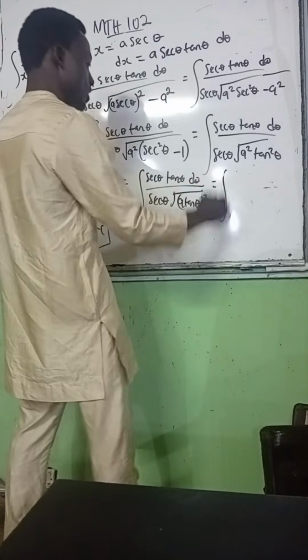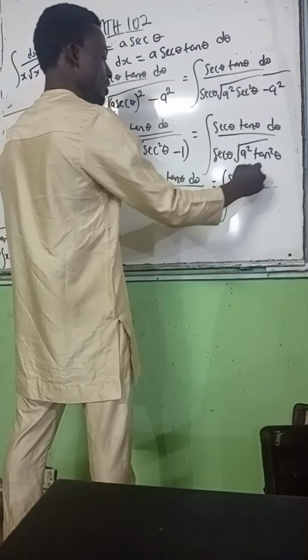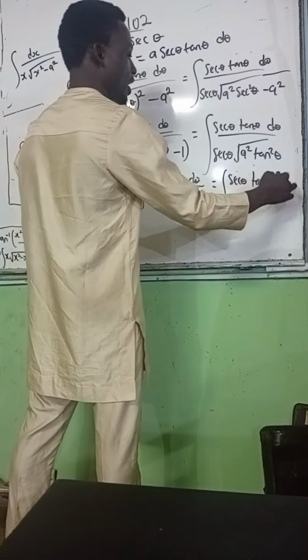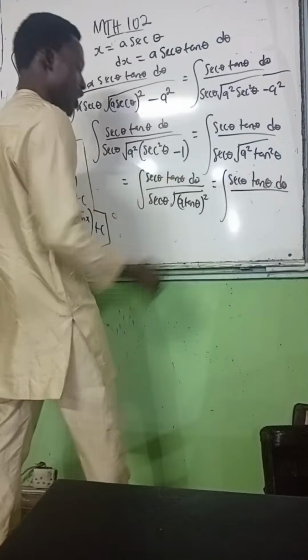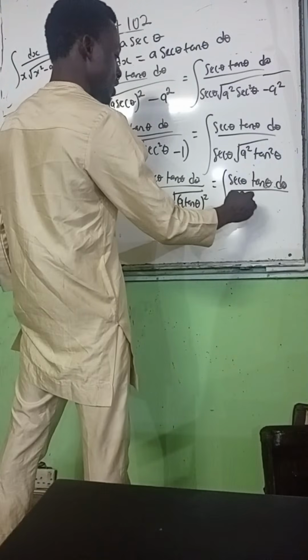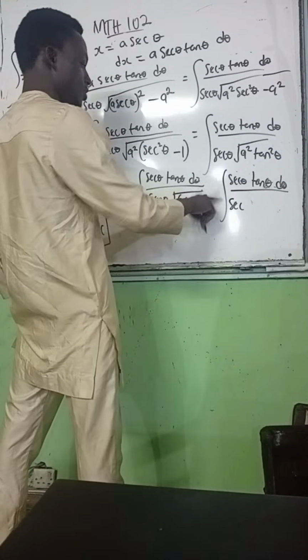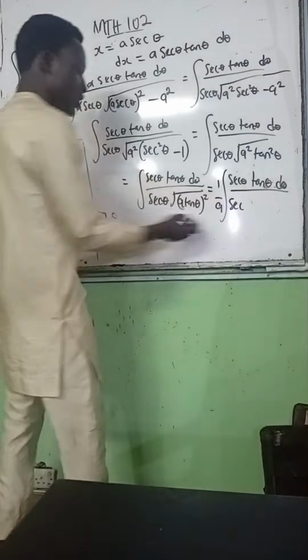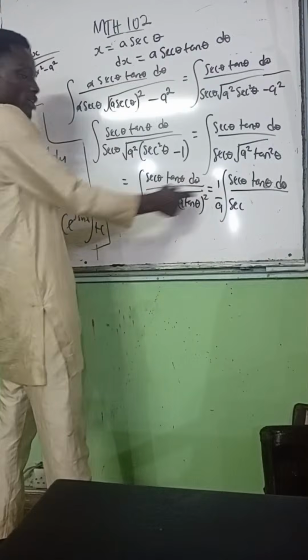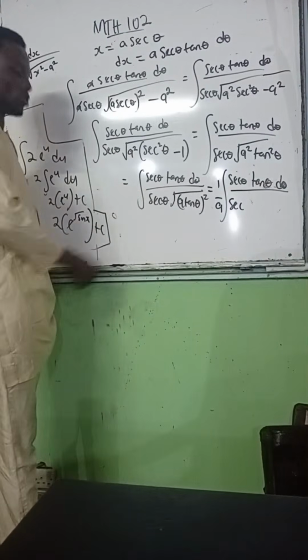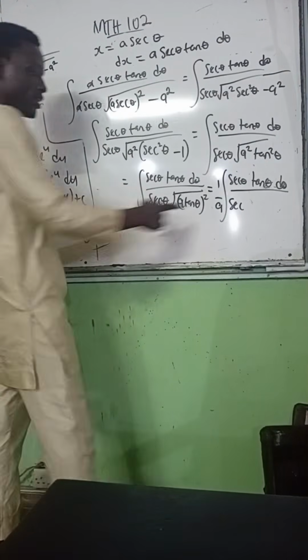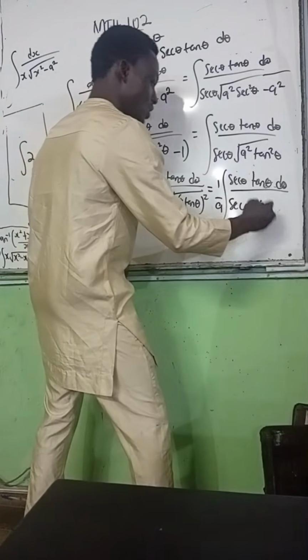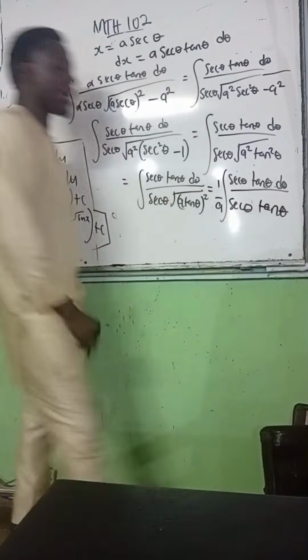What do we have? The integral of sec theta tan theta d theta divided by sec theta, let a come out. It's 1 over a, since it's in the denominator, so it can come out. Because the square has dealt with that root, a can come out, 1 over a, sec theta and tan theta.